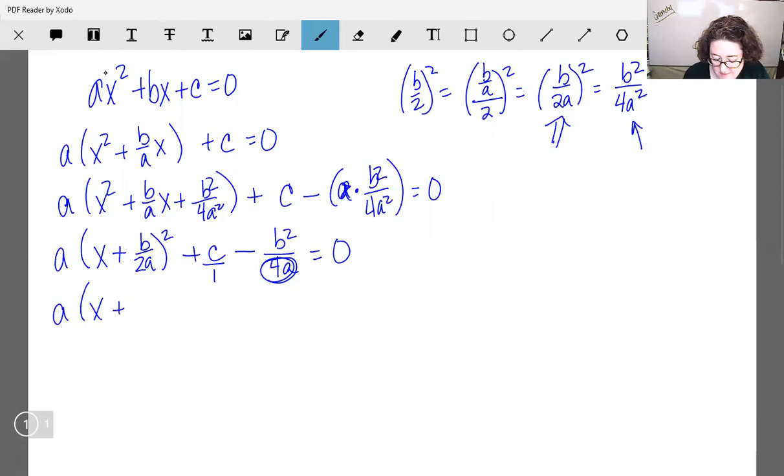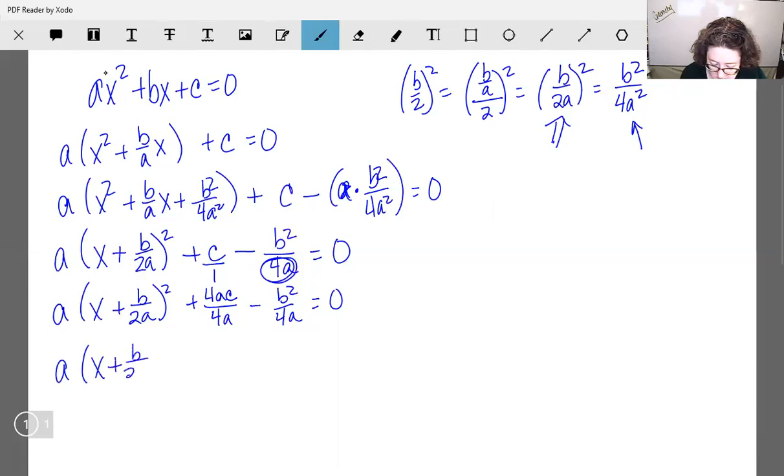Essentially, I'm really just multiplying by 1. I'm changing what the fraction looks like, I'm not changing the value. So we're going to do 4 times a times c all over 4a, and now that's subtracting b squared over 4a. And now I can actually combine those fractions, which is nice.